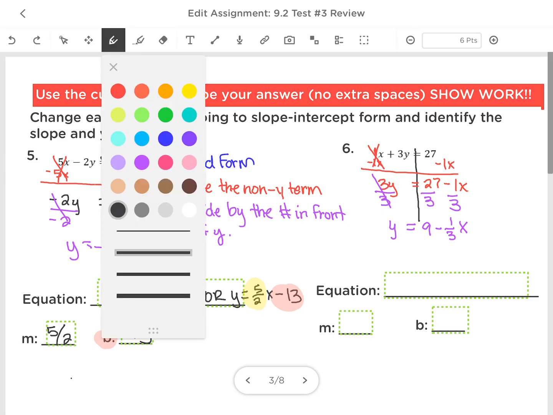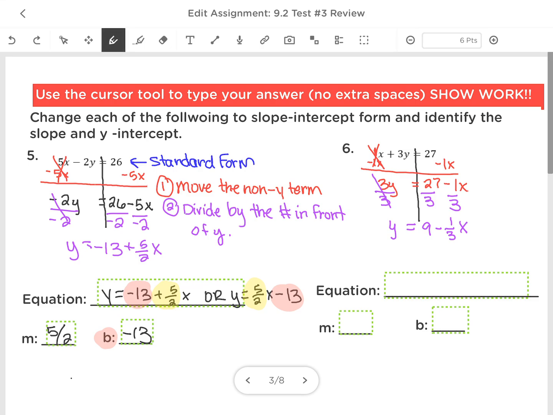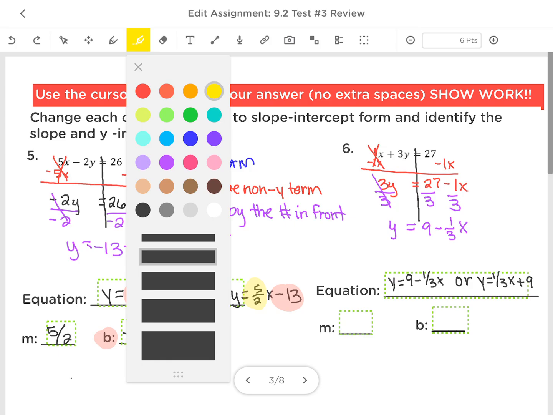So I can go ahead and type in my equation. So again, you're going to select that move tool, click the box, type it in. So you can type it in as y equals 9 minus 1/3 x, or y equals -1/3 x plus 9. Okay, again, my slope is the number that is in front of x, so that's the -1/3.